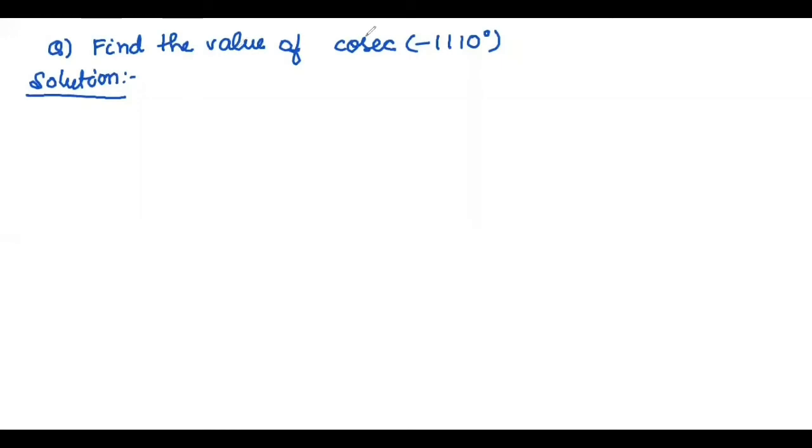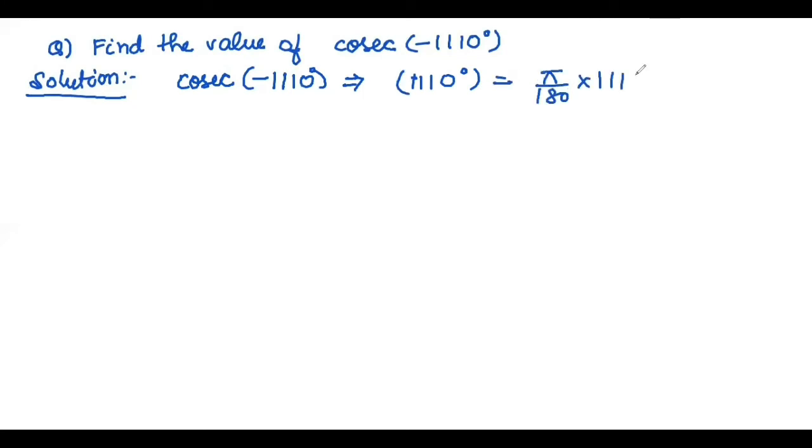Question is, find the value of cosec of minus 1110 degree. You can see this is in degree. So first of all, we convert it into radian form. So cosec of minus 1110 degree; we write this degree in the form of radian, so it is pi by 180 into 1110.